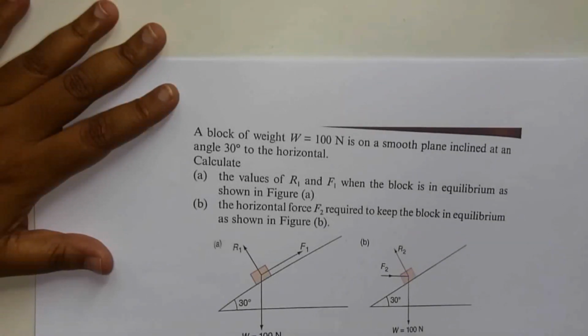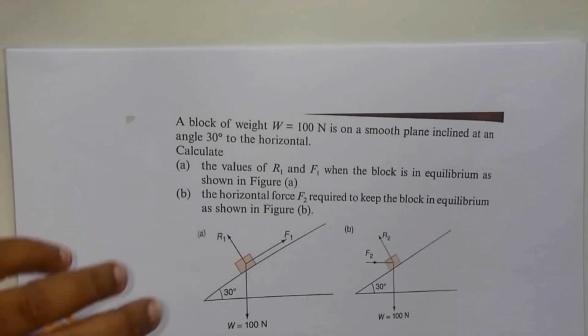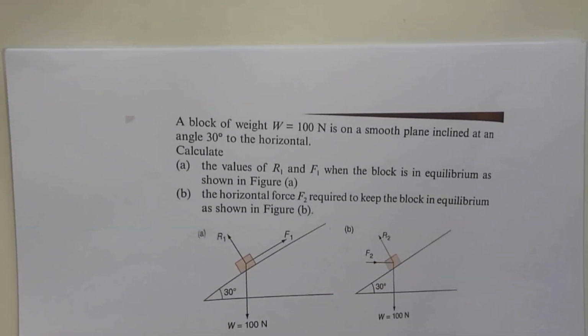Today we are going to look at the first example, how to apply the concept of equilibrium of a particle. Okay, so we have a question here. This question is actually taken from your Oxford Fajar book, page 168, example 7.2.